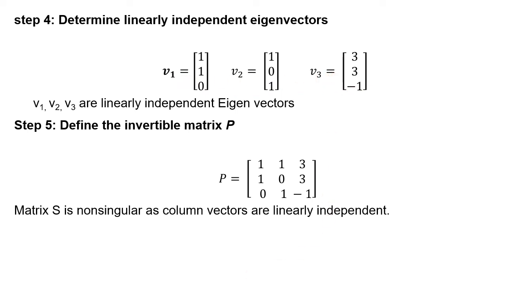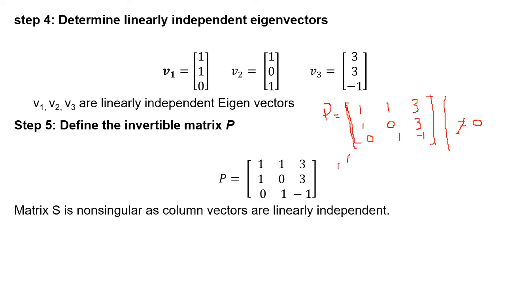Another method is to find the determinant of these vectors, and we have already called this matrix P, which is equal to 1, 1, 0, 1, 0, 1, 3, 3, minus 1. This should be an invertible matrix. That means when I take the determinant of this, it should not be equal to 0. Then only I can take an inverse of this matrix. So I can do it by taking the determinant.